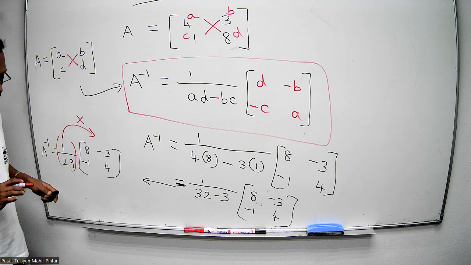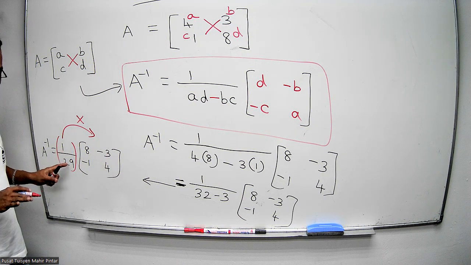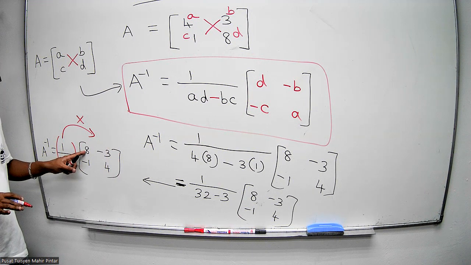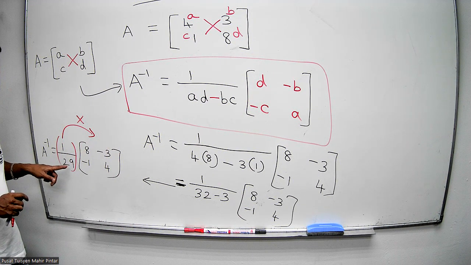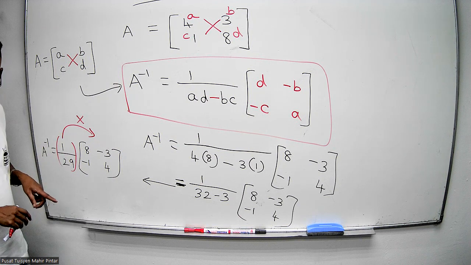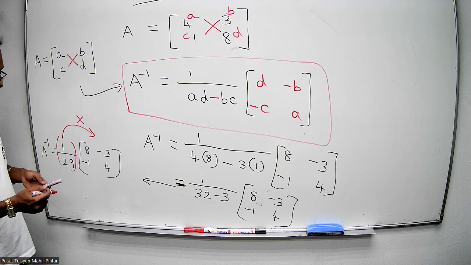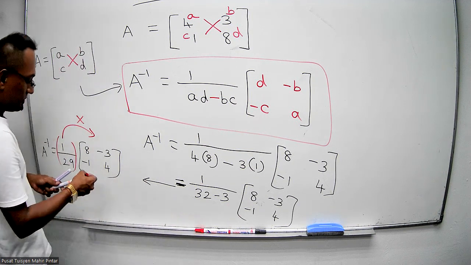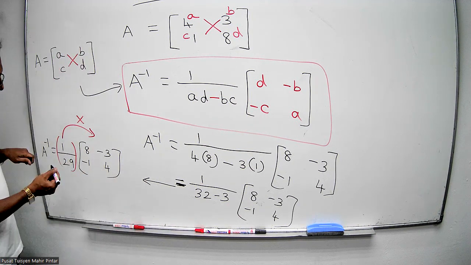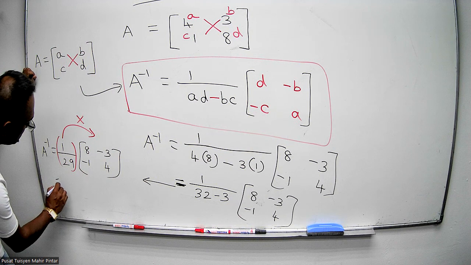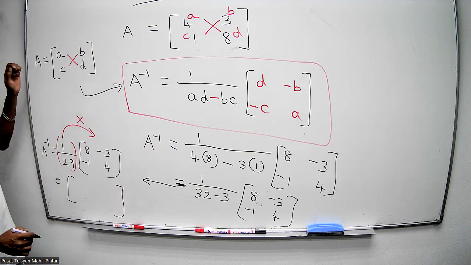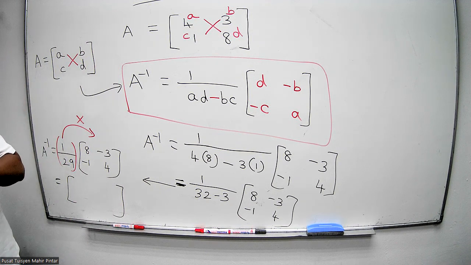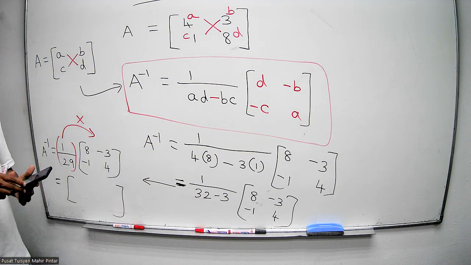You cannot double the 29. This one is 1 over 29 times 8. Understand? It's not 29; the 1 over 29 stays as it is. Enter it in the calculator and tell me the first value. 8 over 29.